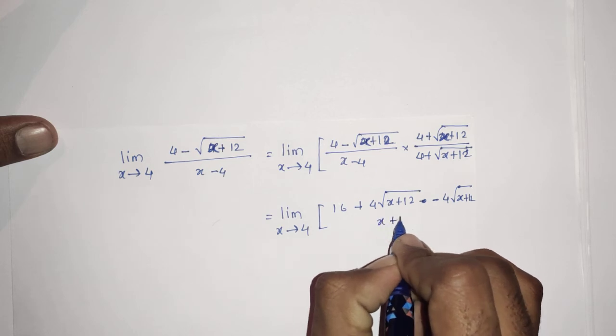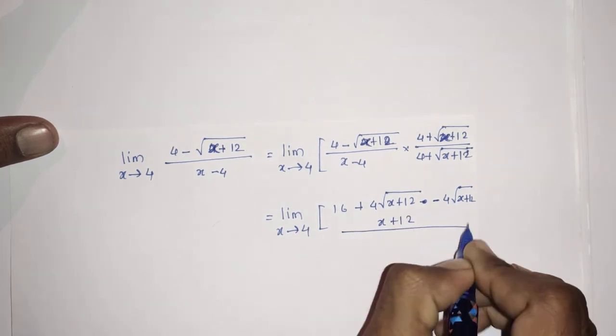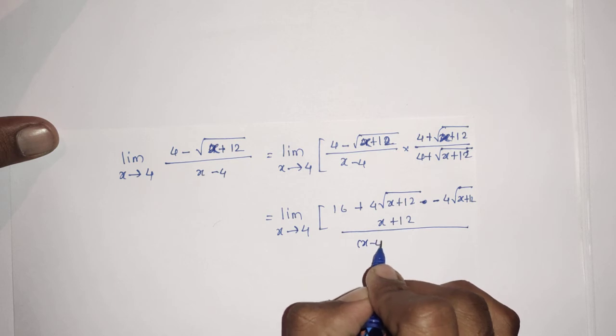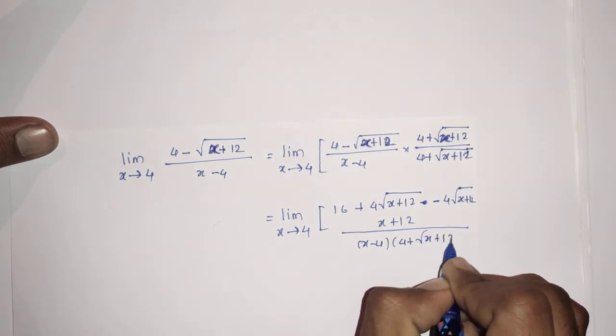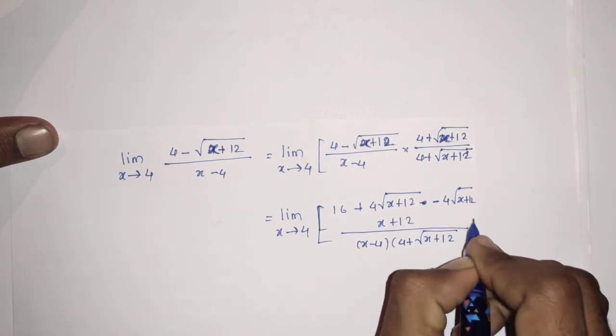So x plus 12 divided by x minus 4 into 4 plus square root of x plus 12. So this is the multiplication.